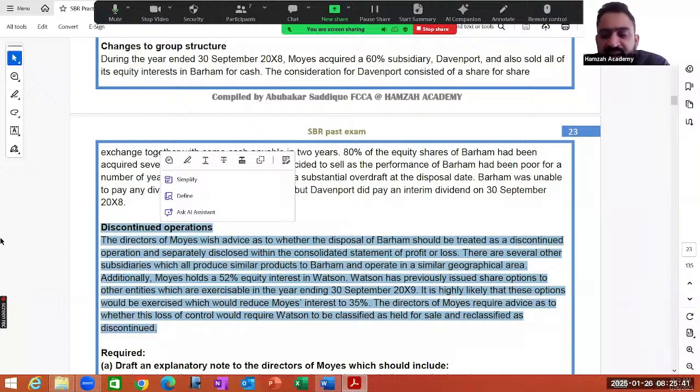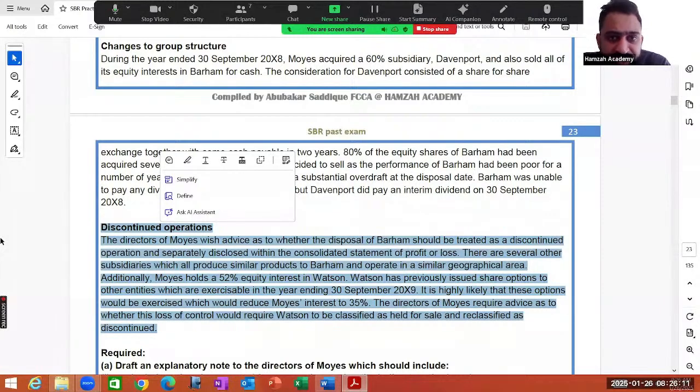It is highly likely that these options would be exercised, which would reduce M's interest to 35%. The directors of M require advice as to whether this loss of control would require Watson to be classified as held for sale and reclassified as discontinued operations.